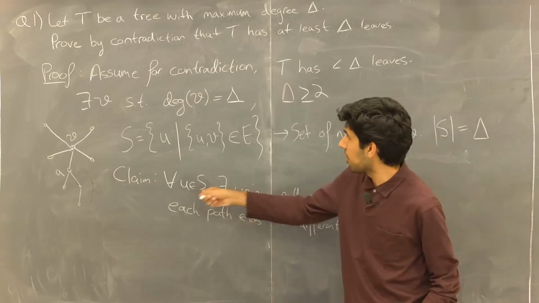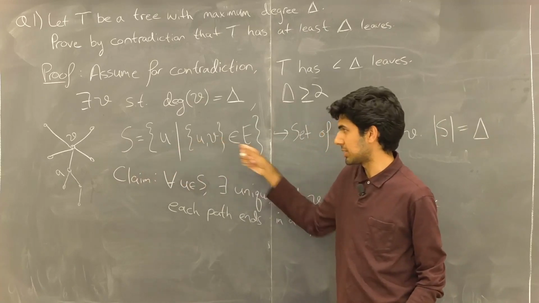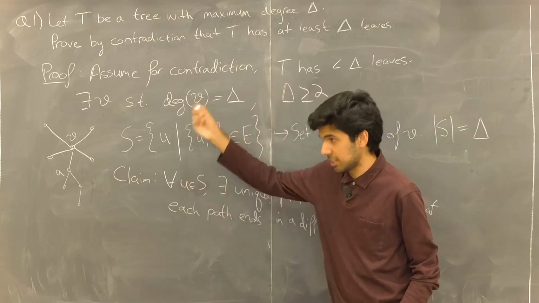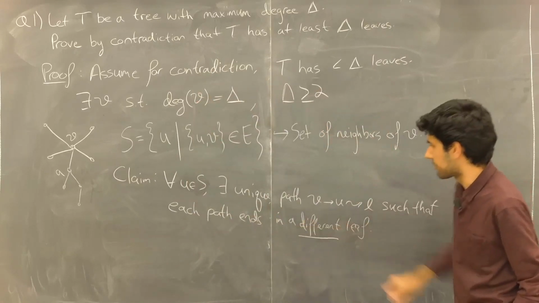Meaning, when I look at all of the paths from V to U, which is in the neighbor set, to a leaf, V to a different neighbor to a leaf, V to a different neighbor to a leaf, all of those ending leaves are going to be different.